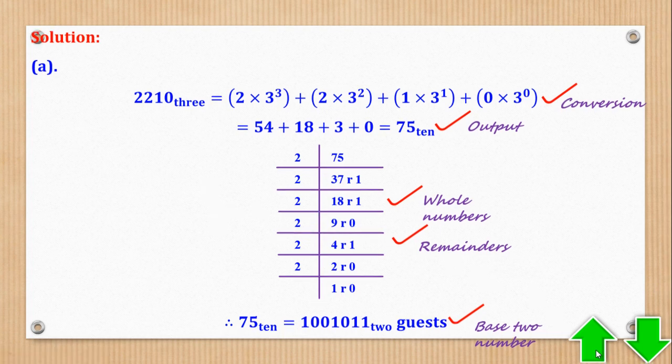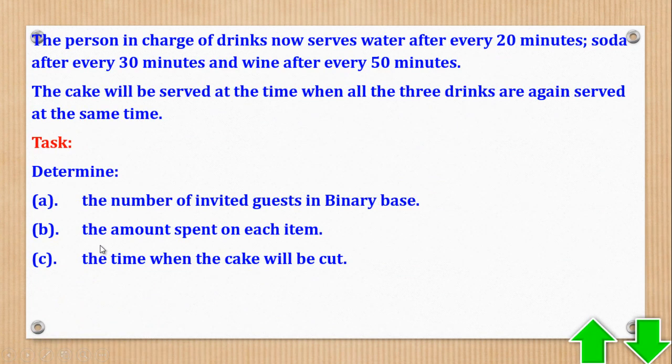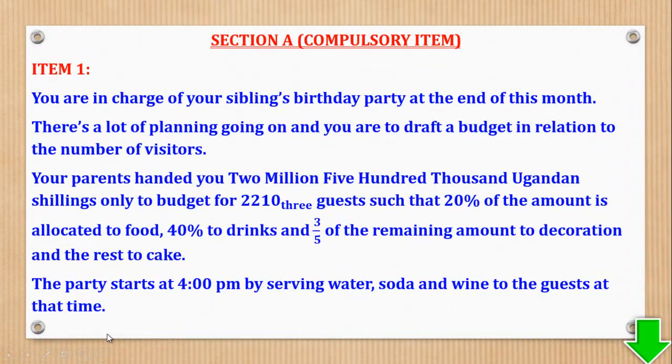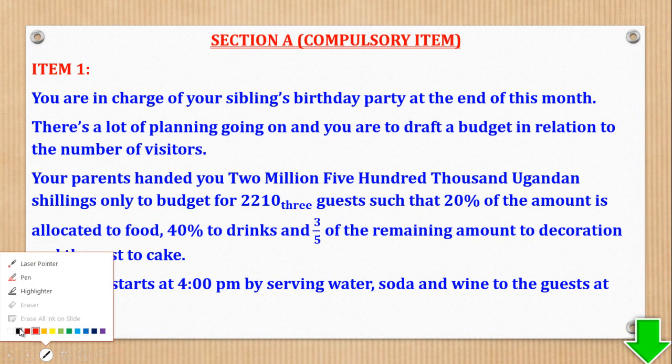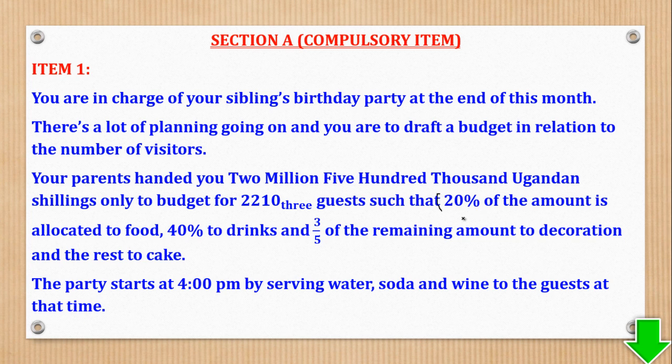Now let's go to task B. Task B, they said, determine the amount spent on each item. So we are given 20% of the amount was spent on food, 40% was spent on drinks, 3/5 of the remaining amount was spent on decoration, and the rest on the cake.